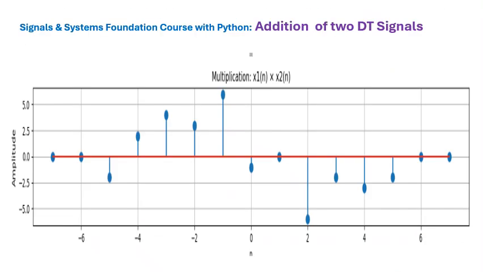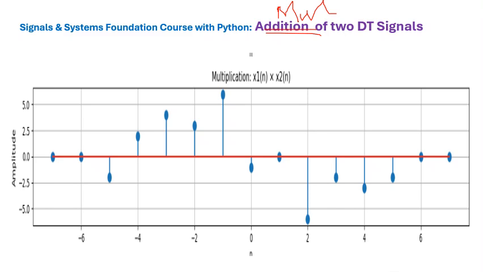So here is the product of the two signals. Sorry, mistakenly I have written addition, so this is not actually addition, this is the multiplication, right? So multiplication of the two signals. Here you can see this is slightly larger because only this product is shown on the whole slide, so it becomes very clear to you, right? So here we have a value of say 6, here we have minus 6, right?